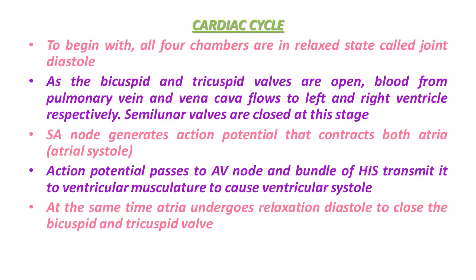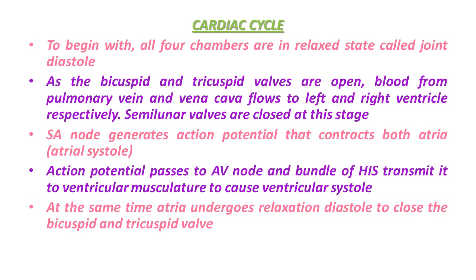The action potential is conducted to the ventricular side by the AVN and AV bundle, from where the bundle of His transmits it through the entire ventricular musculature. This causes the ventricular muscle to contract, which is known as ventricular systole.